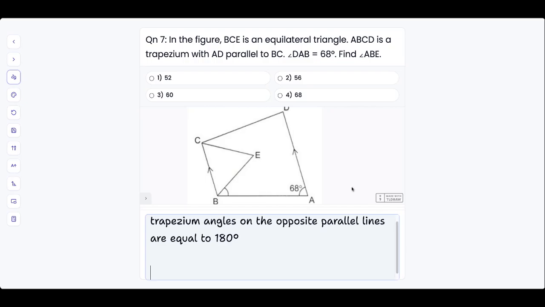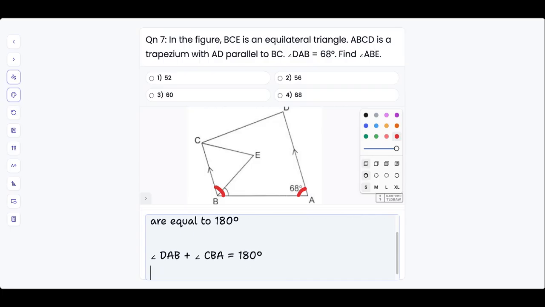So what that means is that 68 over here, let me draw this, put it in red. 68 over here, okay, let me make it smaller. 68 and this CBA, right? So in this case, angle DAB plus angle CBA is equal to 180 degrees.